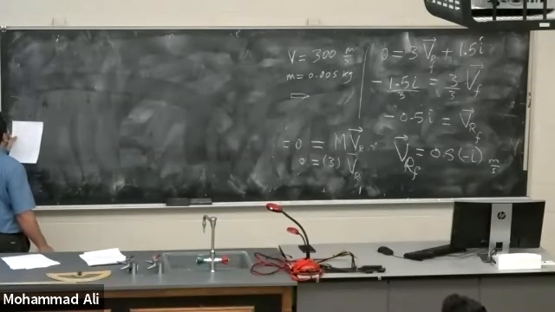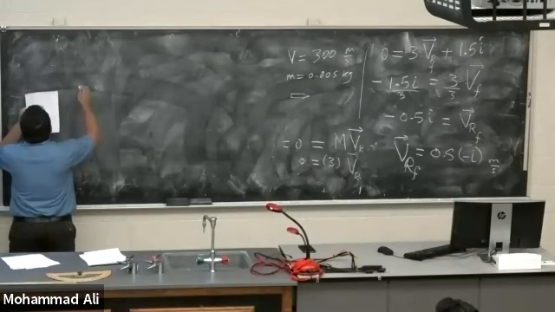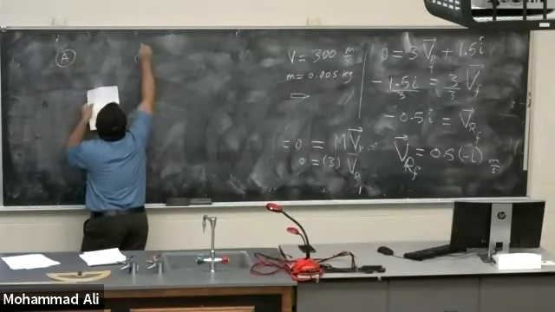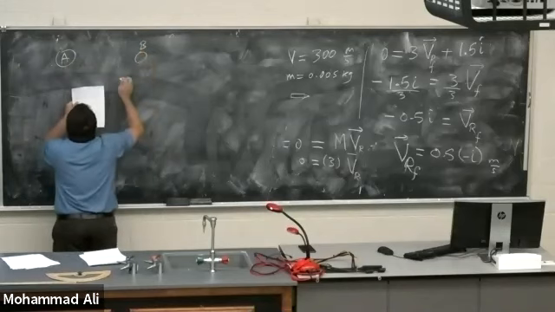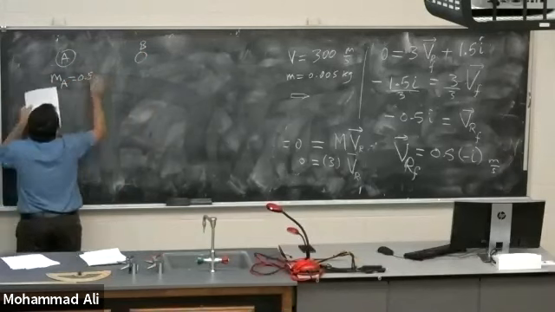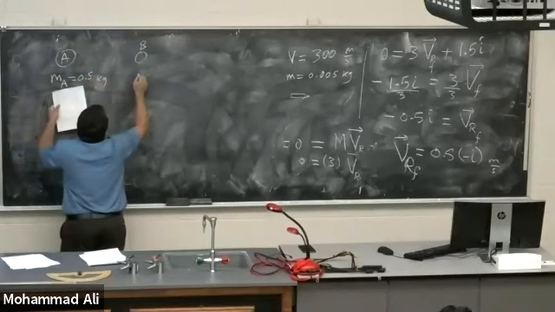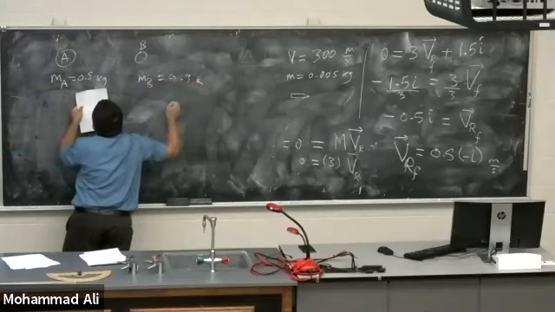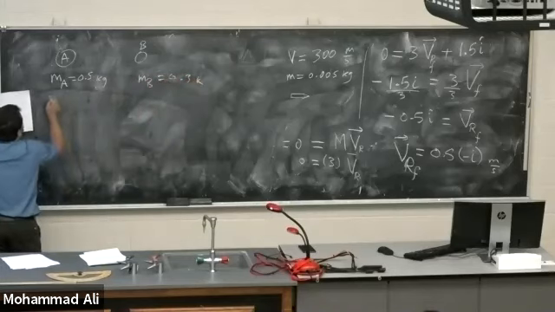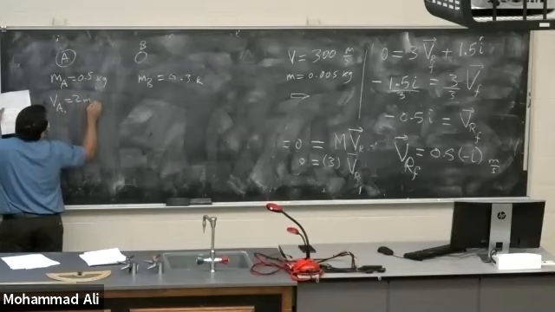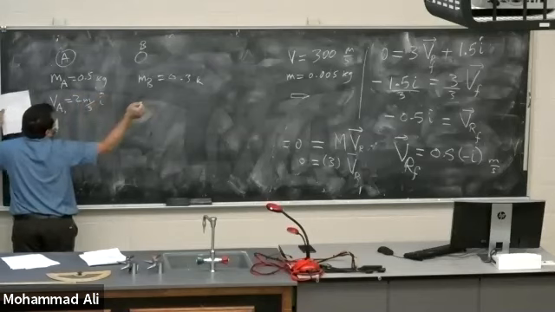Okay, we have a collision between two balls, ball A and ball B. The mass of ball A, MA, is equal to 0.5 kilogram. MB is equal to 0.3 kilogram. The velocity VA initially is 2 meters per second in the positive i direction.